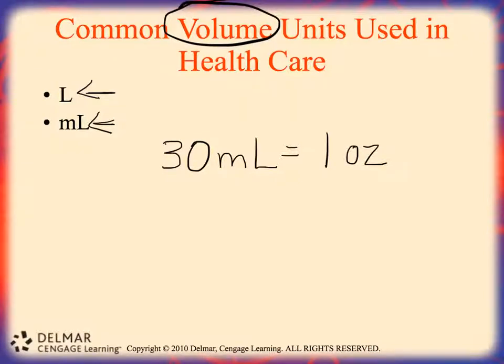The reason for that is you will do a lot of conversion between household measures and the metric system. Another important one to remember is 5 milliliters equals 1 teaspoon. Just because we do a lot of teaching with that, if you are keeping track of how much a patient drinks, a lot of times they'll tell you they had 4 ounces of orange juice. You've got to be able to convert that to milliliters.